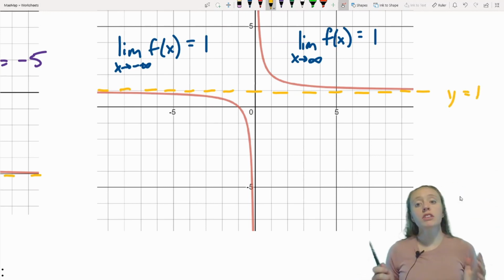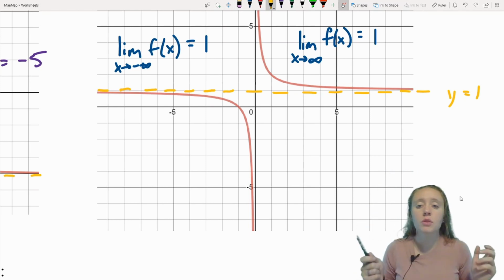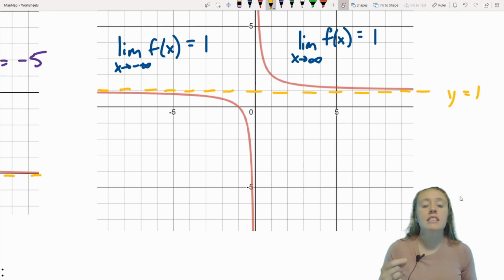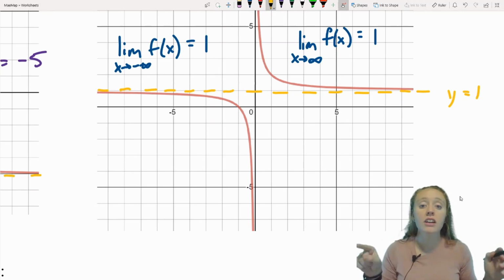So when we work with vertical asymptotes, it was as x approached some finite value, we got an infinite value. So as x approached a, then we knew that that vertical asymptote was x equals a. But in the case of horizontal asymptotes, we're taking the limit as x approaches infinity, and if we get some finite value L, well, then our line, our horizontal asymptote, is y equals L, whatever we get as the result of that limit.